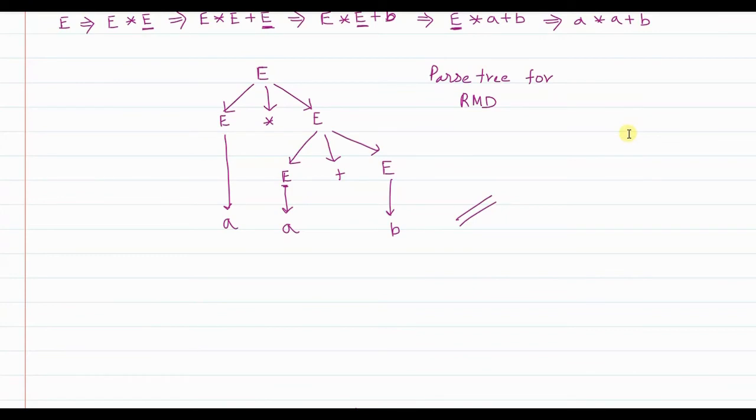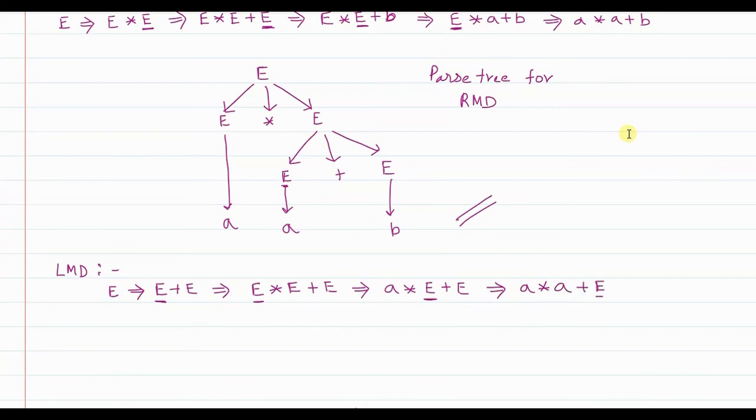Similarly, if you consider the leftmost derivation, I start from E. I replace E with E plus E, then the next leftmost E, what I want is A into A, so this E I replace with E into E plus E. This being the leftmost, since I want A, E will be replaced with A, so this will be A into E plus E. This will be the next leftmost element, so that I want it as A, so I will replace E with A, and this is the last leftmost element.